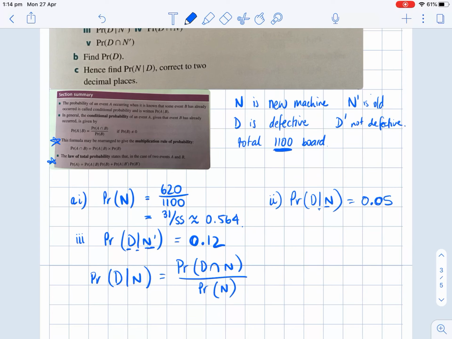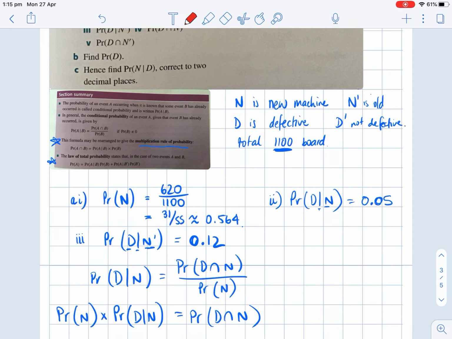So from here, I can rearrange this expression to the probability of N times the probability of D given N equals the probability of D and N. So I'm using the multiplication rule of probability here.